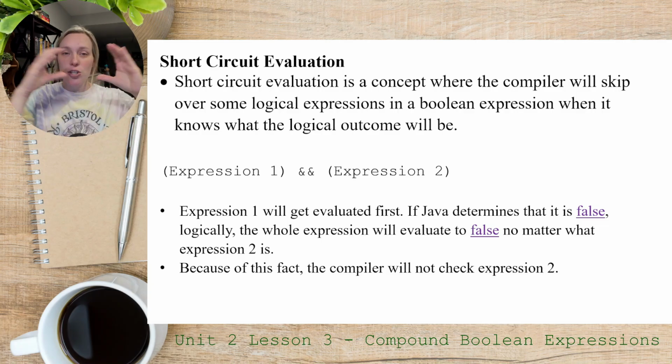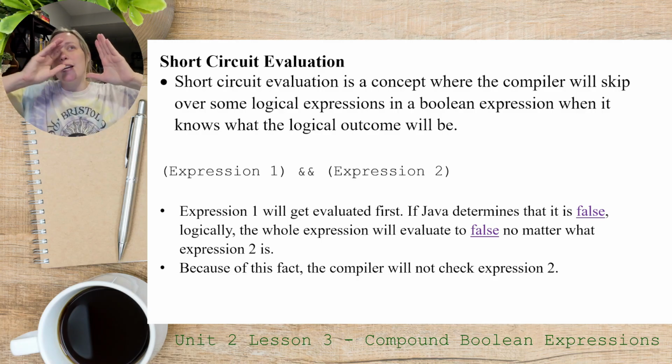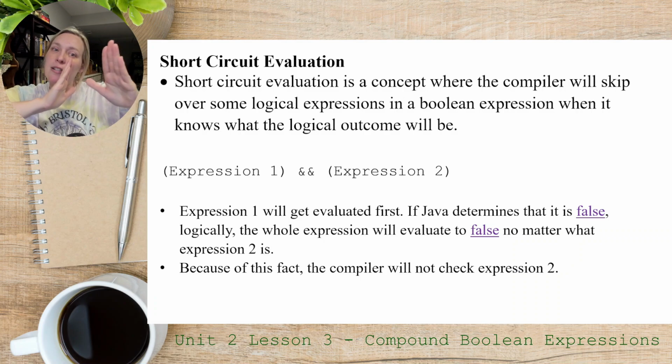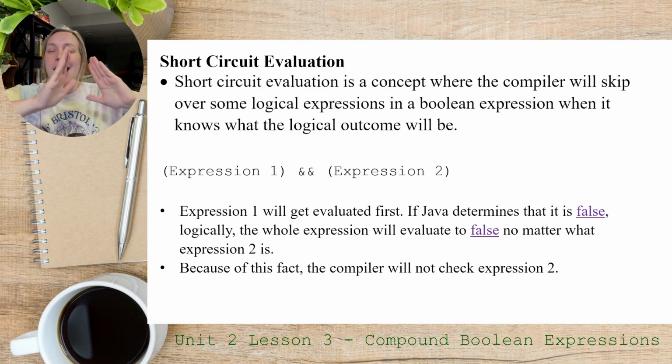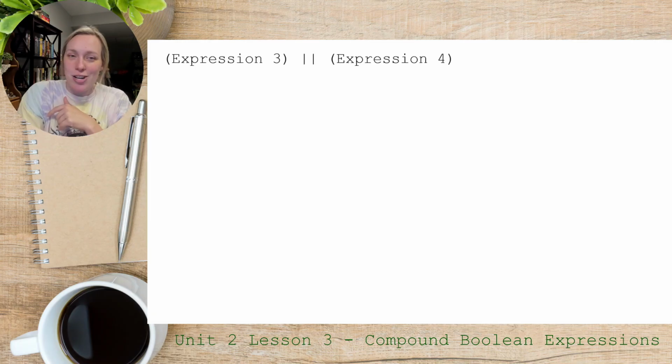It means the circuit that it has evaluates the shorter piece first. And if it already knows that this is false because it's an and statement, the whole thing will be false. Short circuit shortens the evaluation. For an or, what happens with an or?